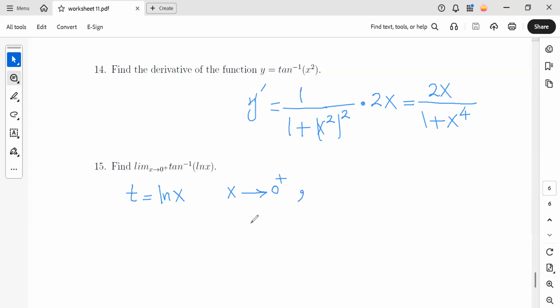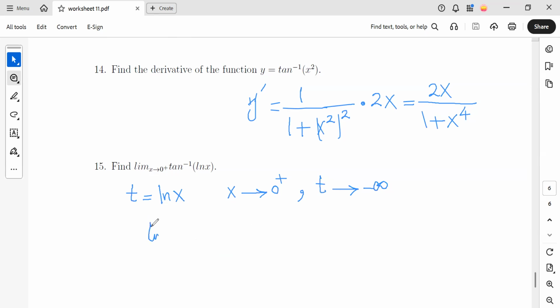It will be t approaching negative infinity. You can find it using the graph. Just imagine what the graph is. And when x is approaching 0 from the right side, then t is approaching negative infinity.